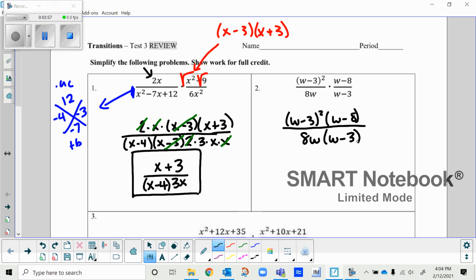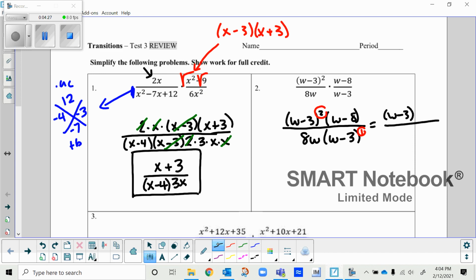And the only thing that can cancel here is there's a w minus 3 grouping. So on top we have 2 w minus 3s, and on bottom we have 1. So remember, we say that wherever the bigger exponent is, that's where the factor is going to stay. So I'm going to keep a w minus 3 on top and subtract the powers. Remember, the w minus 3 on the bottom has a 1. So I take the 2 here minus the 1 here. That gives me 1.